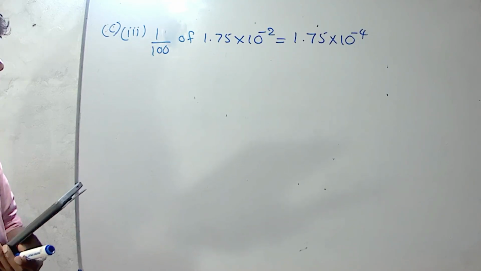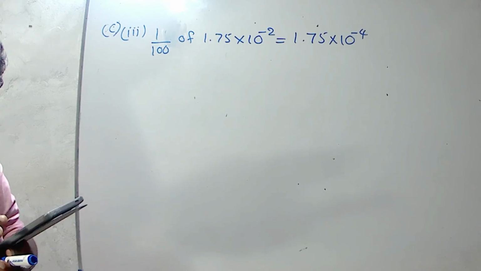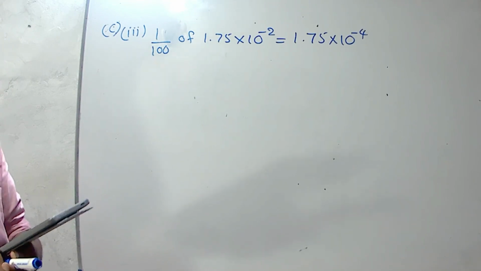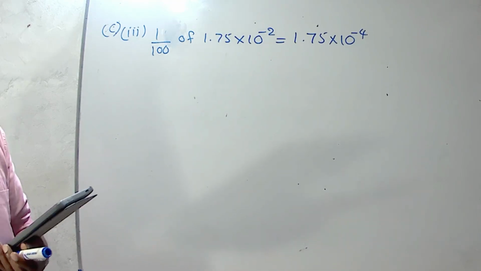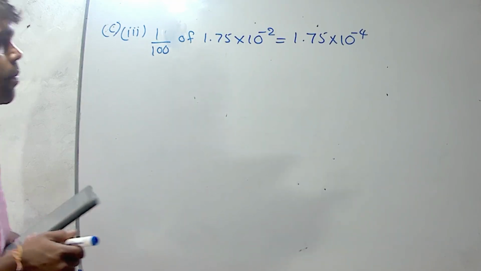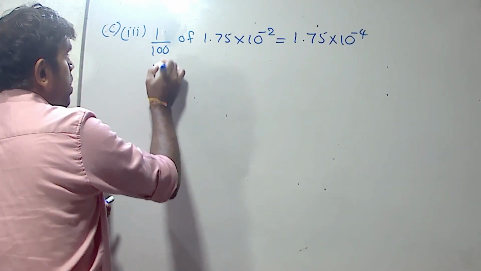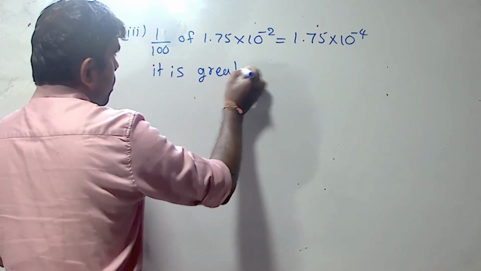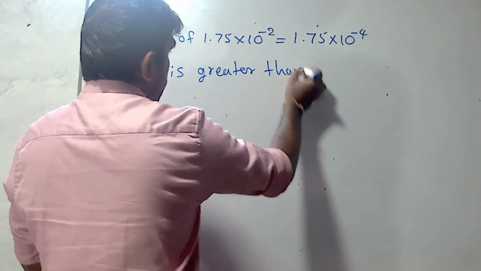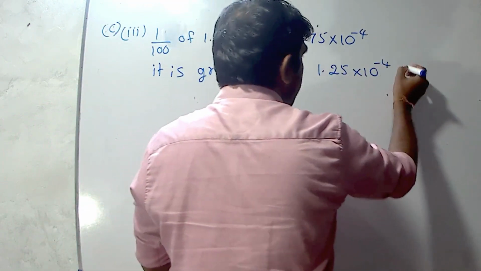We have found the strain in part 2, 1.25 into 10 to the power minus 4. Therefore, we can write it is greater than 1.25 into 10 to the power minus 4.